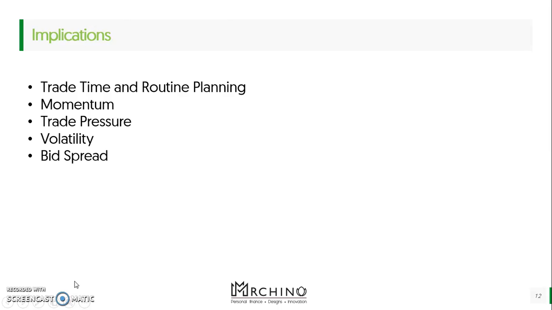The implication of this is that there's a time when the buying pressure will be in equilibrium with the selling pressure. There's also a time when the bearish pressure will be high.